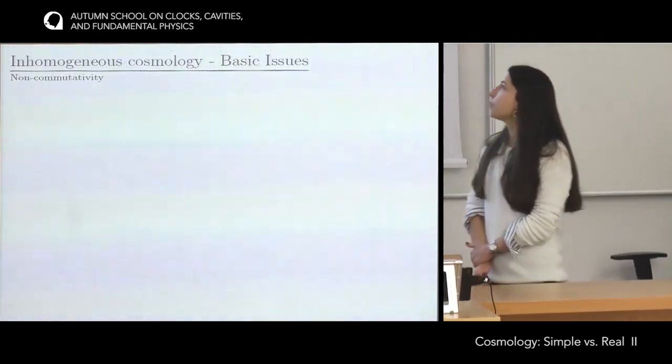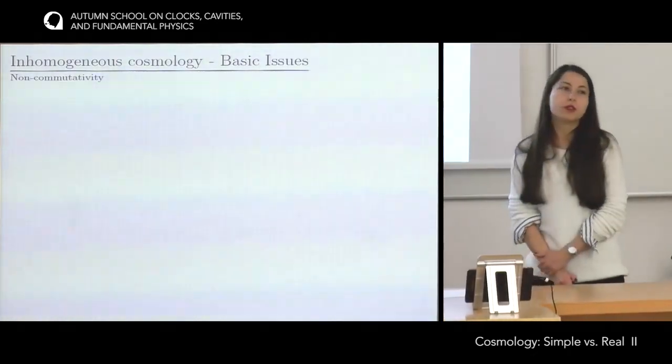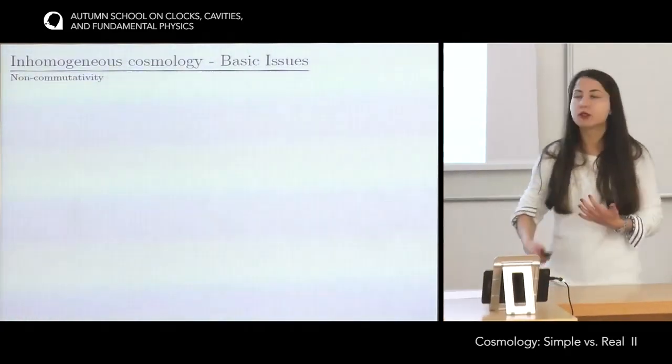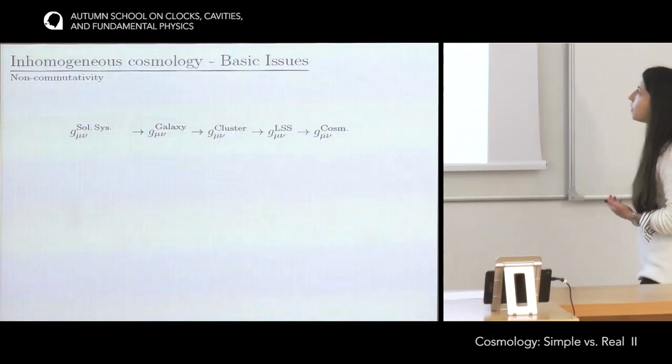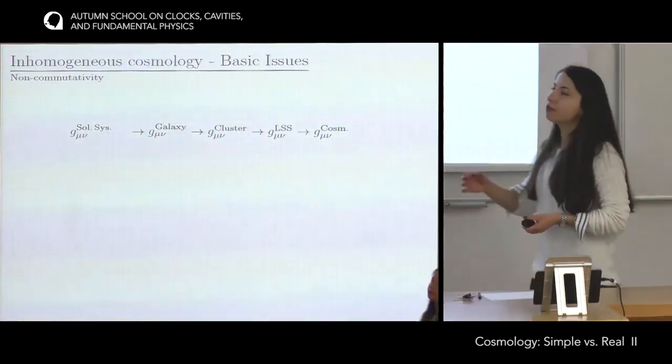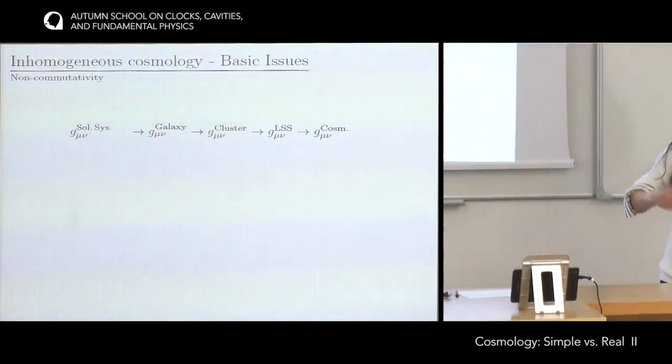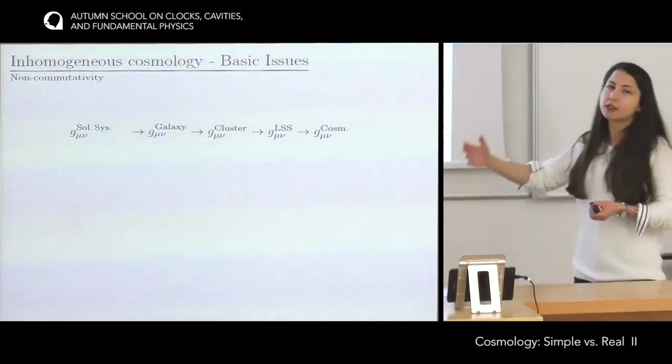So the issue is about the non-commutativity during the smoothing out procedure. Let's say you have a metric gravitational field at the solar system scale, and you increase your scale.